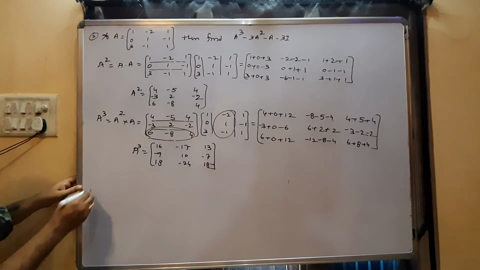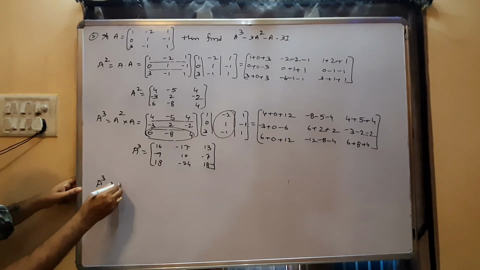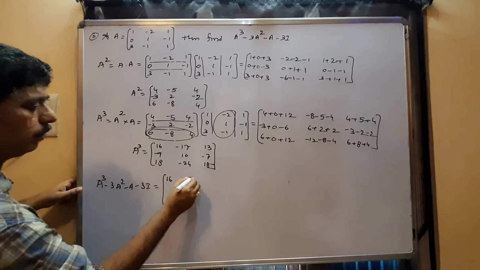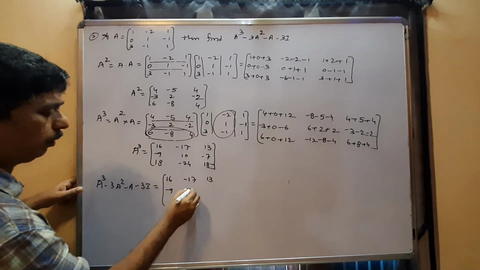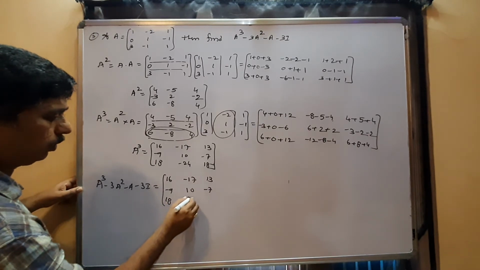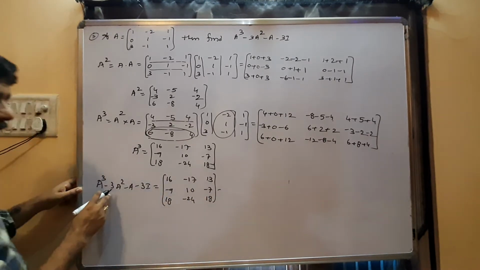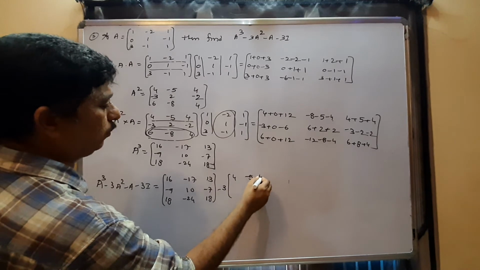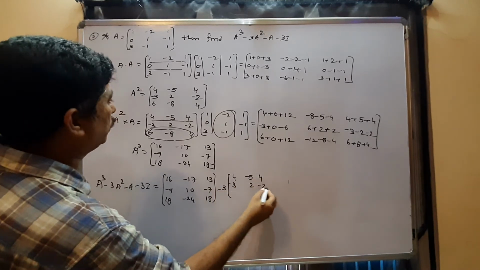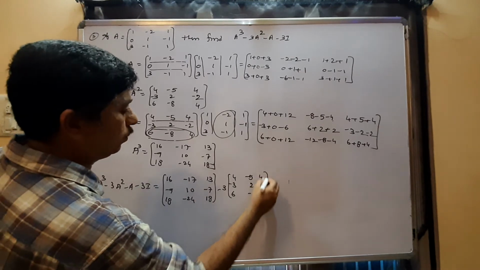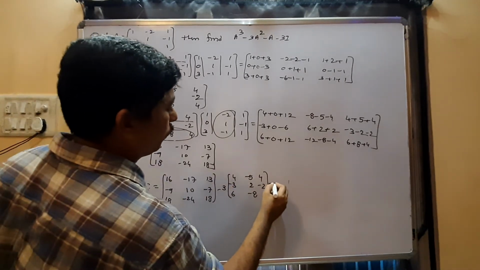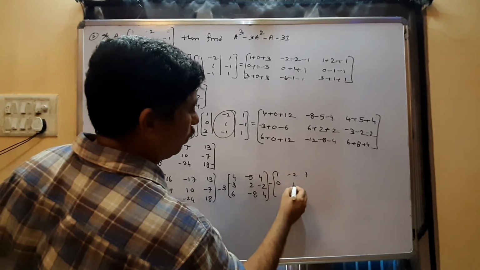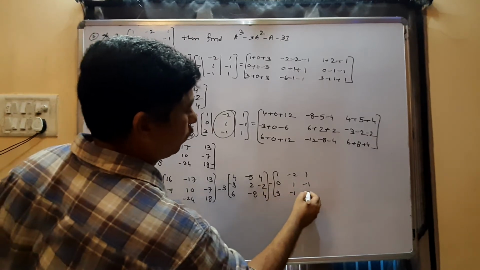Now you have to consider AQ minus 3A square minus A minus 3I. AQ value: 16, minus 17, 13, minus 9, 10, minus 7, 18, minus 24, 18, minus 3A square. 3 times A square: 3 times A square of 4, minus 5, 4, minus 3, 2, minus 2, 6, minus 8, 4, minus A, we have 1, minus 2, 1, 0, 1, minus 1, 3, minus 1, 1.